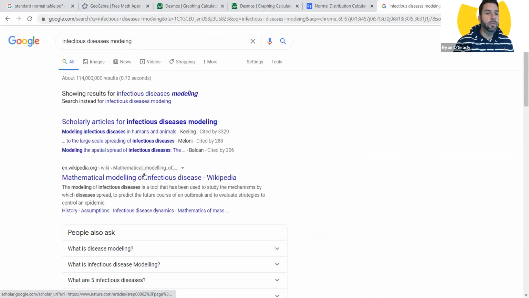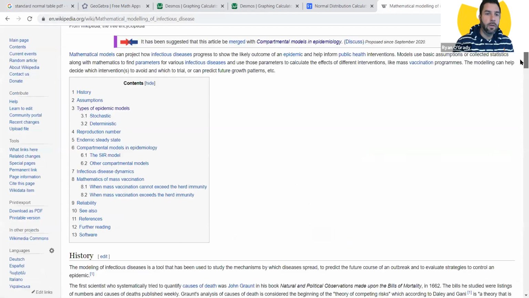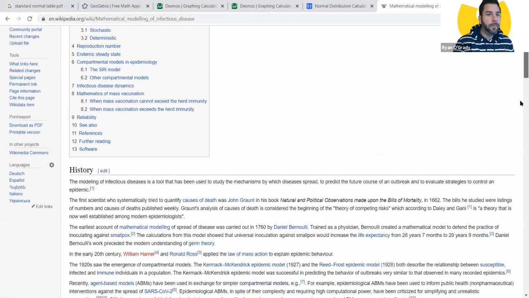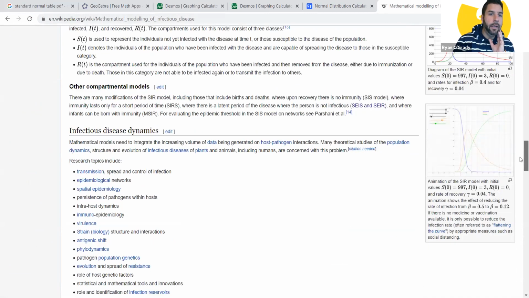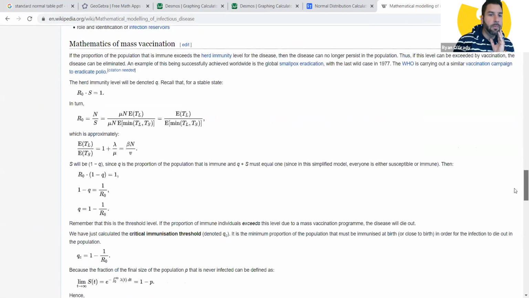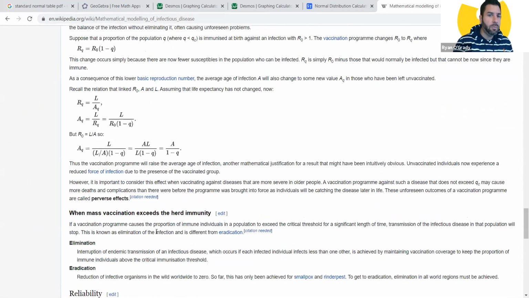If you go to infectious disease modeling, for example, you have all this stuff you can read about. And some of the most basic models of differential equations that are used to study disease spread are separable equations.